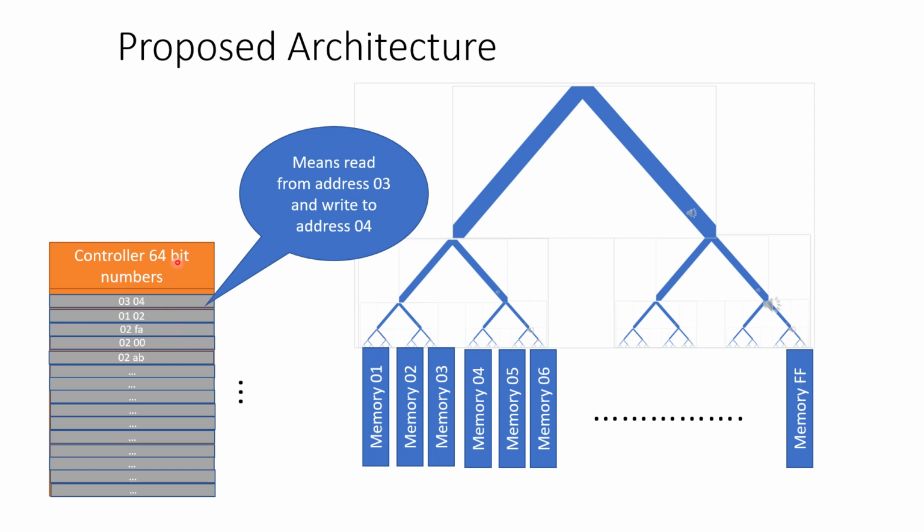I have thought of ways of maybe implementing this into the actual memory at the bottom, but it doesn't matter that much. And simply all it is is 64-bit numbers. The first 32 bits might be read from this address, and the second 32 bits would be write to this address. So for example, this instruction here would be read from address 3, so this one, and write to address 4.